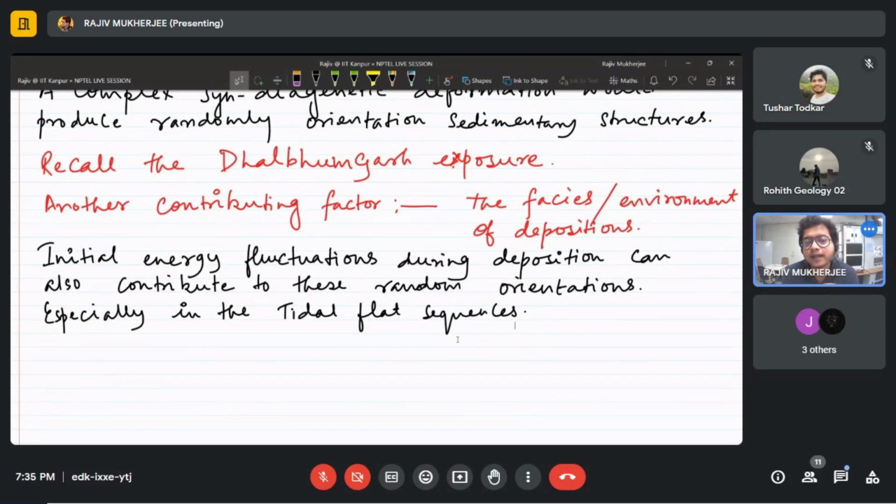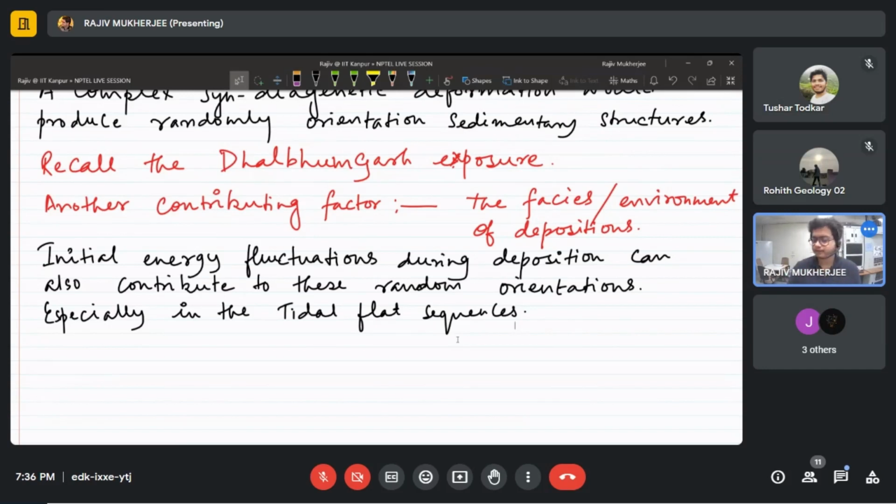But if we find that the sedimentary rock is altered, I mean it has undergone a slight metamorphism, or in the regional scale if we find the presence of a fold or any ductile behavior, then we should think about not only these energy fluctuations but also the contributions from diagenetic deformation that must have produced this kind of structures.